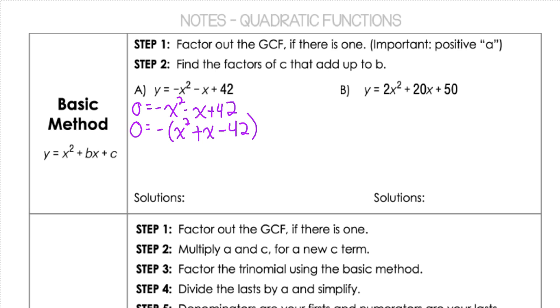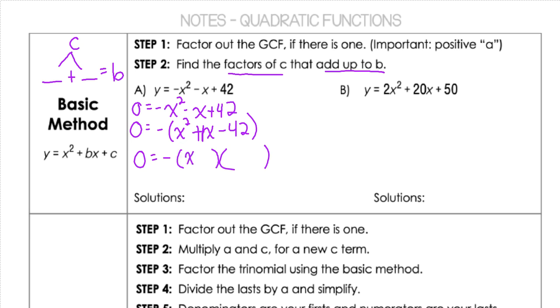Next, what we're going to do is find the factors of C that add up to B. So we're trying to figure out if we take the C value and factor it into two factors, what factors of C will add up to B. So in this case, we're trying to figure out the factors of negative 42 that'll add up to positive 1, because that's the coefficient on B. So I leave my GCF out in front, and then I write those factors inside the parentheses.